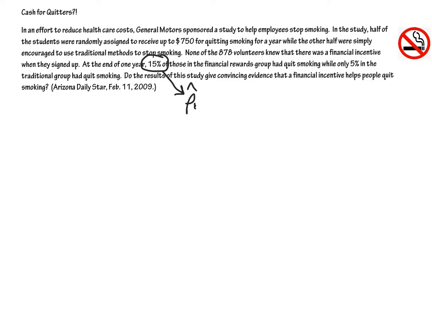I have a 5%, which is my p-hat 2. Because they were divided into halves, I have two different n's. That's my total, 878. So read the problem carefully. That means I have 439 people in each group, the cash incentive group and the other group. So I'm going to put each group.